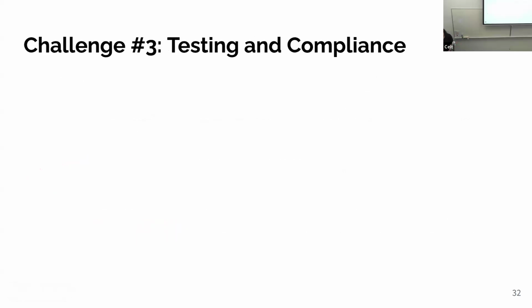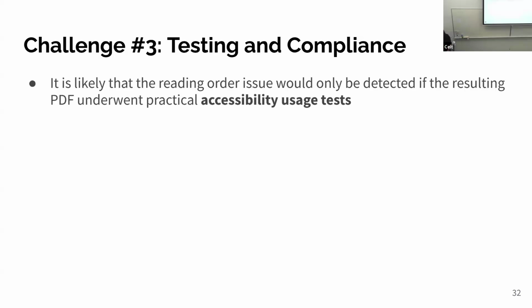Challenge number 3 is about testing and compliance. On the Overleaf posts, they actually go through an example to show how, even if you create a document with Word, you can have an incorrect reading order using a screen reader later. There's a whole example that I don't want to go through on the presentation, but you can actually test it and see for yourself how this can happen.